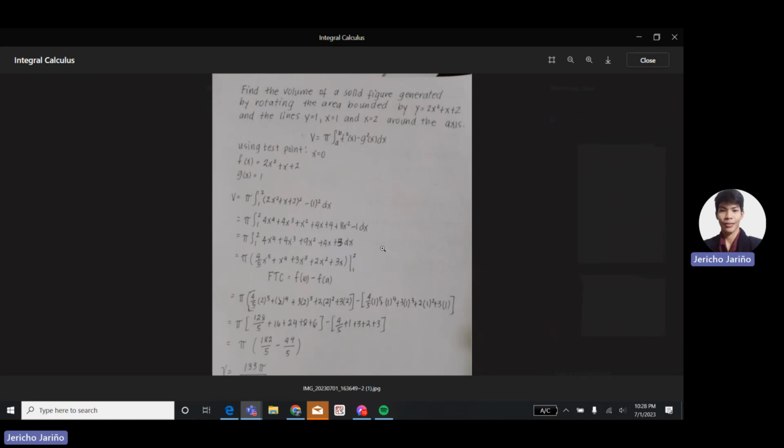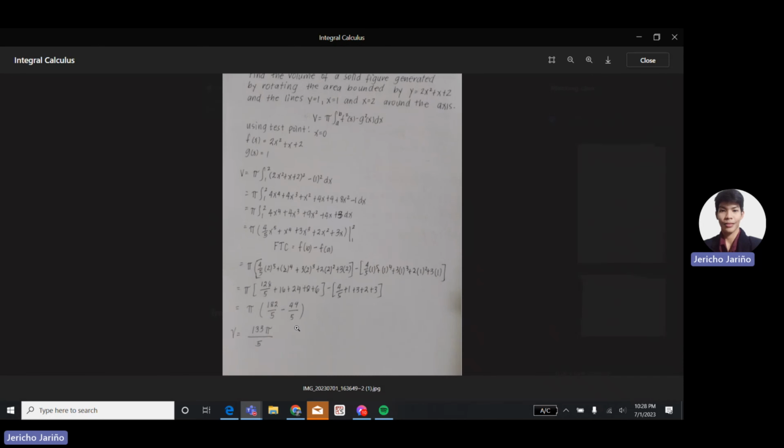We just have to subtract these fractions, and then we get the volume of the solid figure generated by rotating the area bounded by y = 2x² + x + 2 and the lines y = 1, x = 1, and x = 2 around the x-axis, which is 133π/5 cubic units.